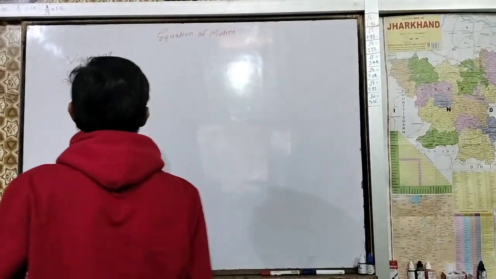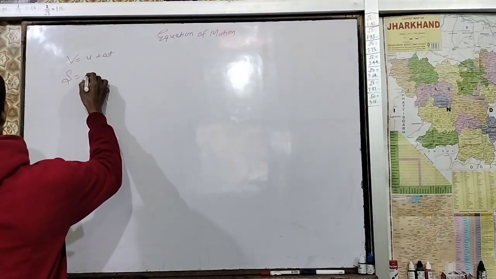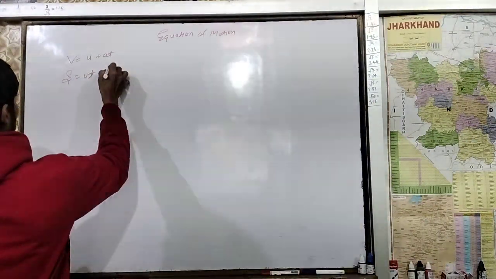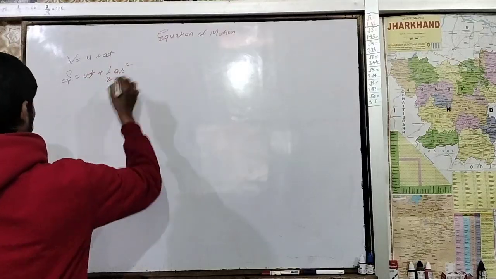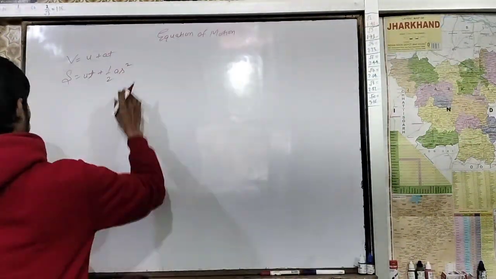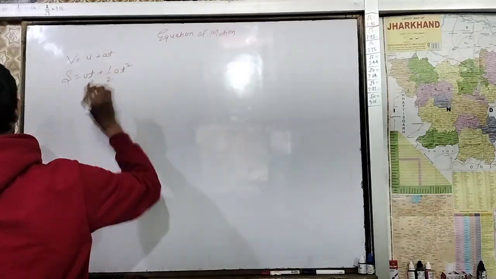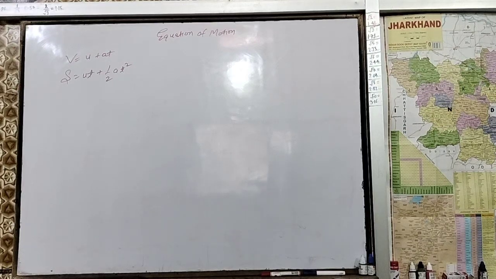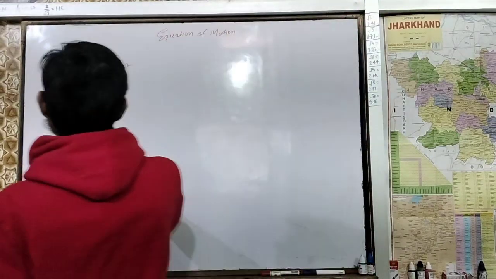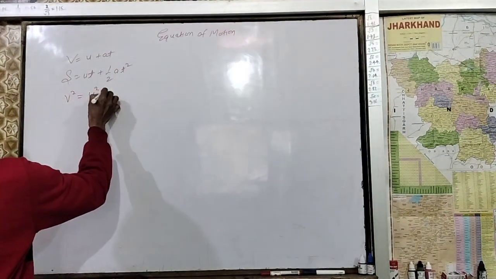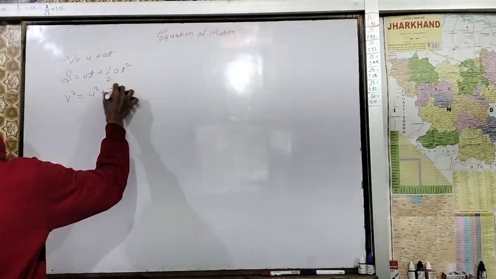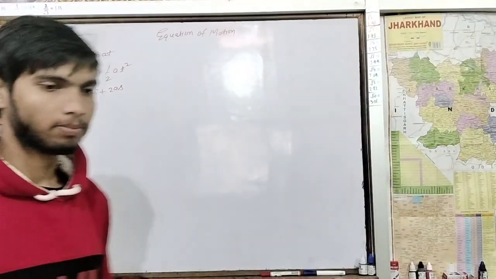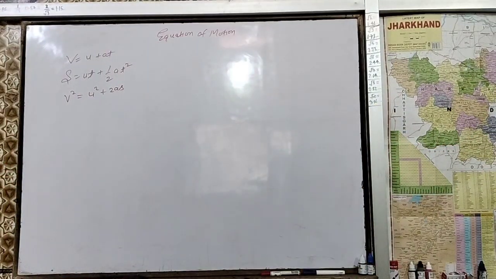Next, the second equation of motion is s is equal to ut plus half at square. Not as square but at square. And the third is v square is equal to u square plus 2as.